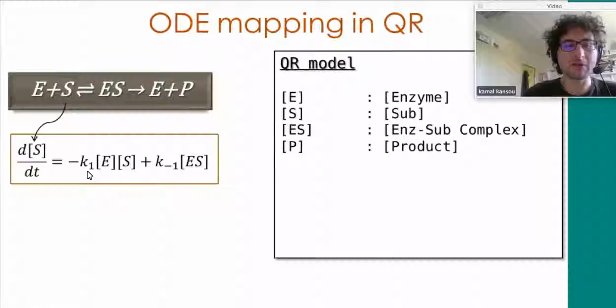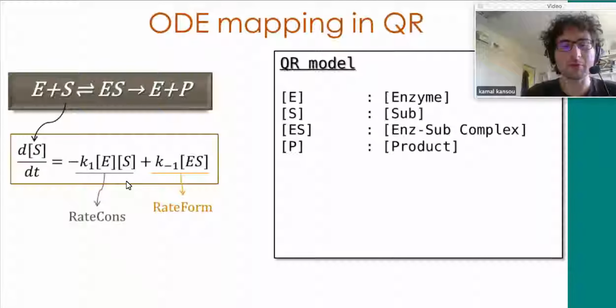One term is the rate of consumption of the substrate following this arrow, and you can see that it's a product between the concentration of enzyme and the concentration of substrate. The other term represents the rate of formation of the substrate over time, following this arrow, and this is dependent on the concentration of the complex enzyme-substrate.